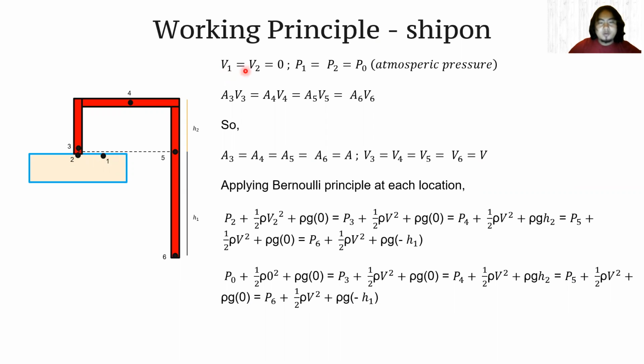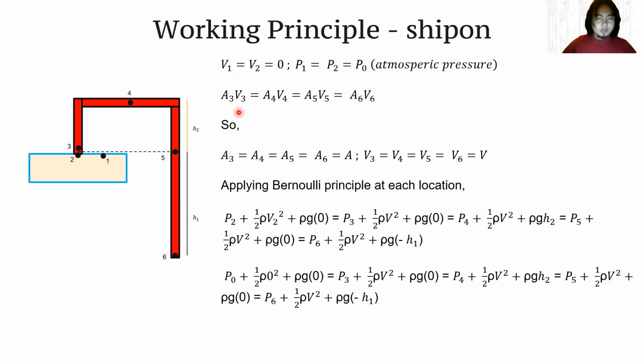Therefore here V1 equals V2 equals 0. However, the pressure at location 1 and location 2 will be the same as atmospheric pressure since it is exposed to the surroundings. Therefore here P1 equals P2 equals P naught, or atmospheric pressure.